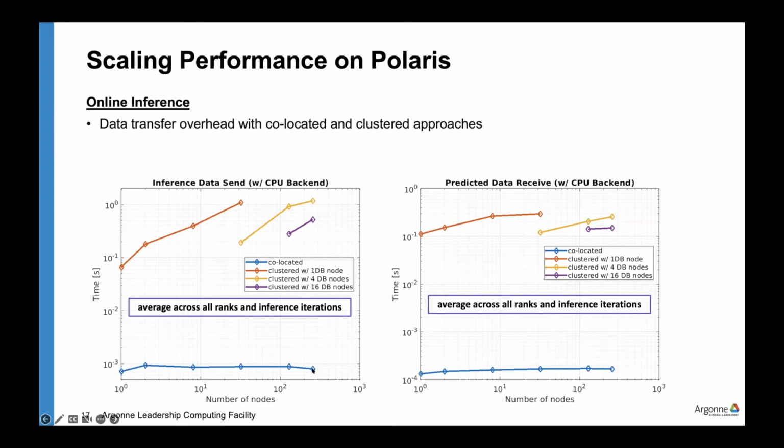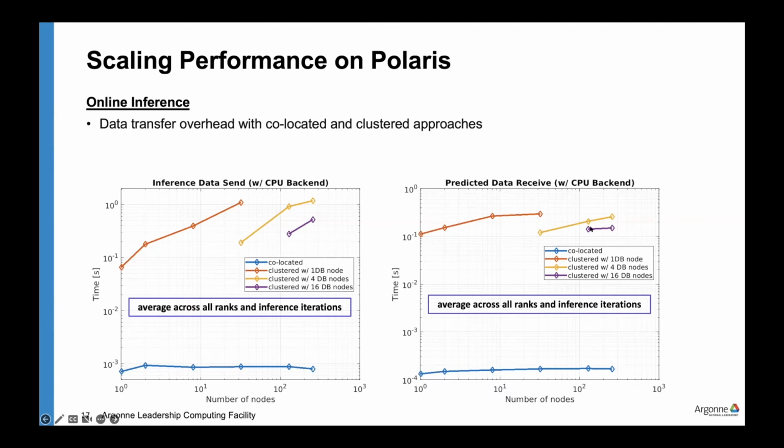The data transfer time is almost constant as we increase the number of simulation nodes. This is because we only have data transfers within the node. We're not doing node-to-node communication in this case. For the clustered approach, not only is the data transfer more expensive, and again that makes sense since we're doing node-to-node communication, but we're also seeing that as we add simulation nodes to the infrastructure, if we don't increase the size of the database, the cost goes up in a linear fashion on this log-log curve.